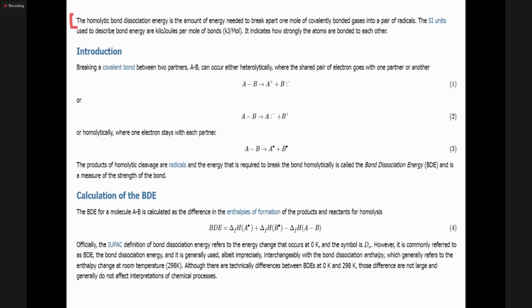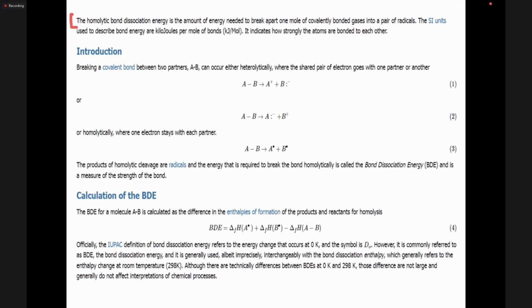The SI unit used to describe the bond dissociation energy is kilojoule per mole of the bond. It indicates how strongly or how weakly the atoms are bonded to each other.